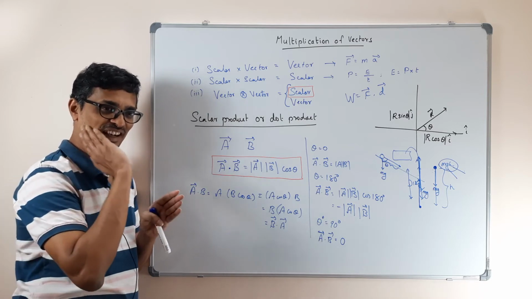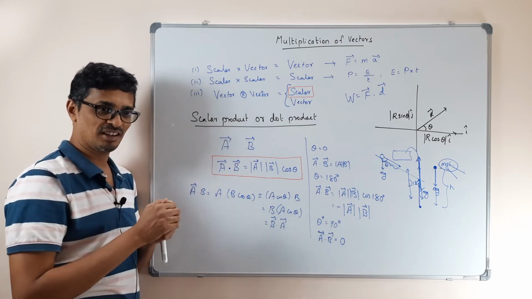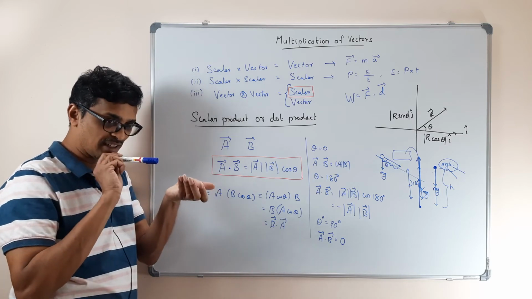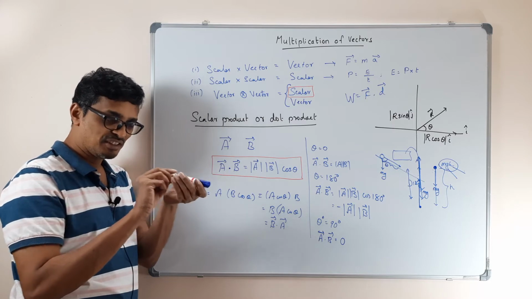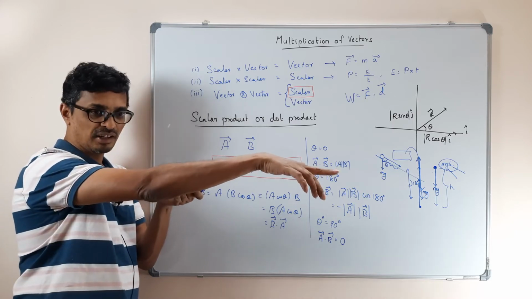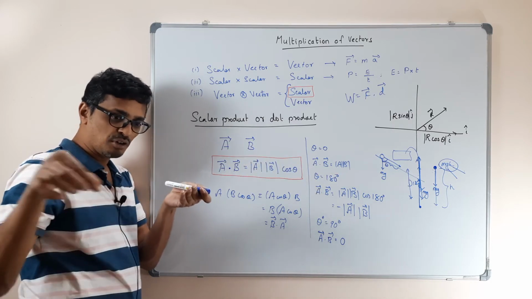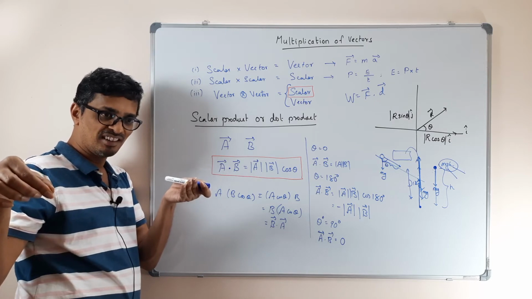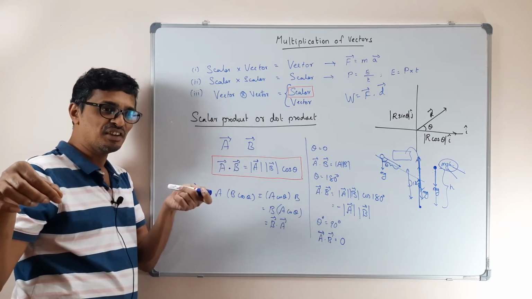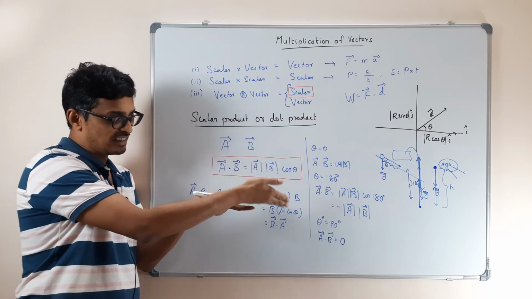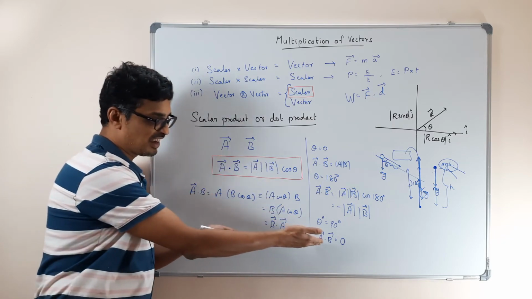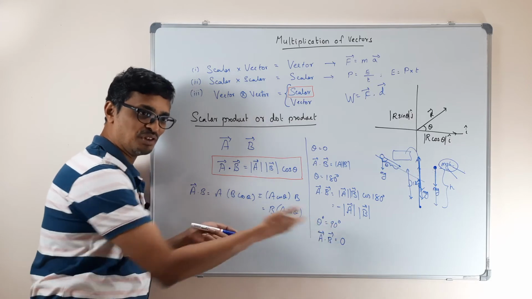When you kick a ball, or when you hit a billiards ball with the striker, the ball goes along the direction only. Will it go perpendicular? It can't. So that's what the dot product says: 0.